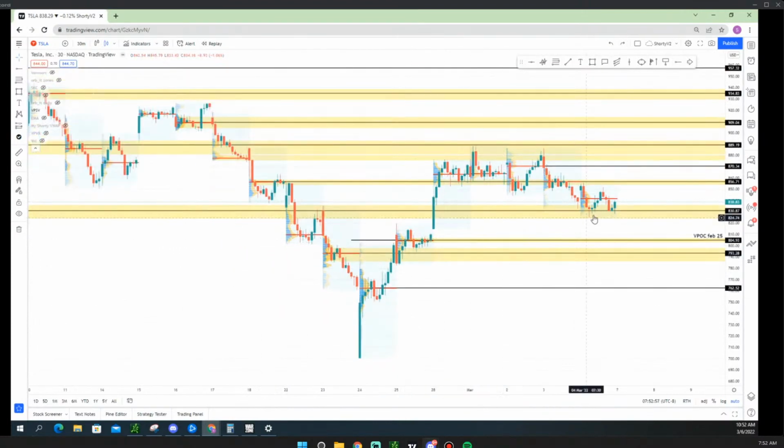Anyway, below this drop right here, if it drops below this level, below this demand, it most likely goes down to 804. And you guys see that we have a really nice area here as well. I would call this a VPOC here.